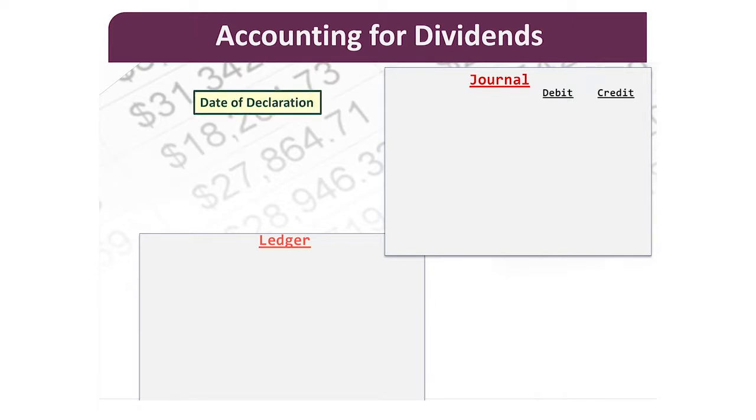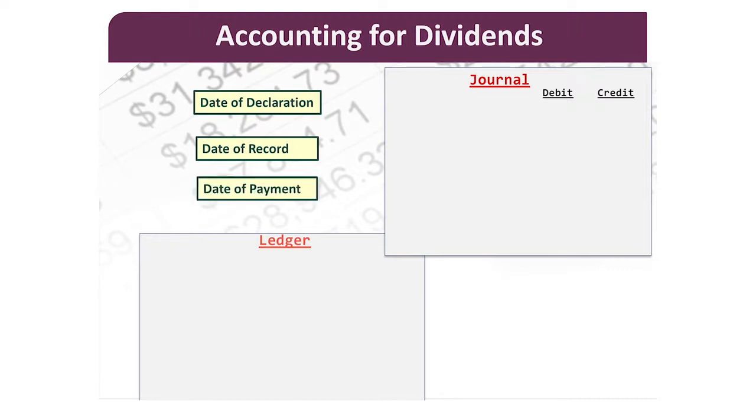There are three important dates in the dividend process. The date of declaration is the date that the directors officially approve the dividend and how much it will be. The date of record is the date that if you own the stock on that date, you get the dividend. The date of payment is the date that the dividend will be paid.